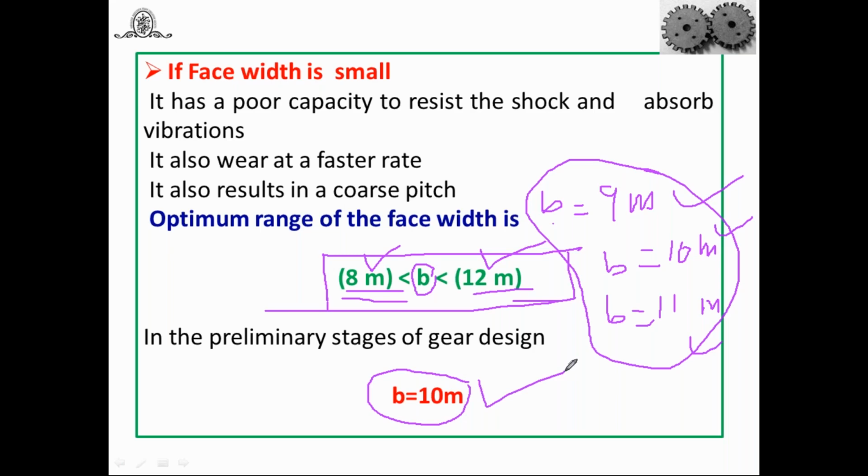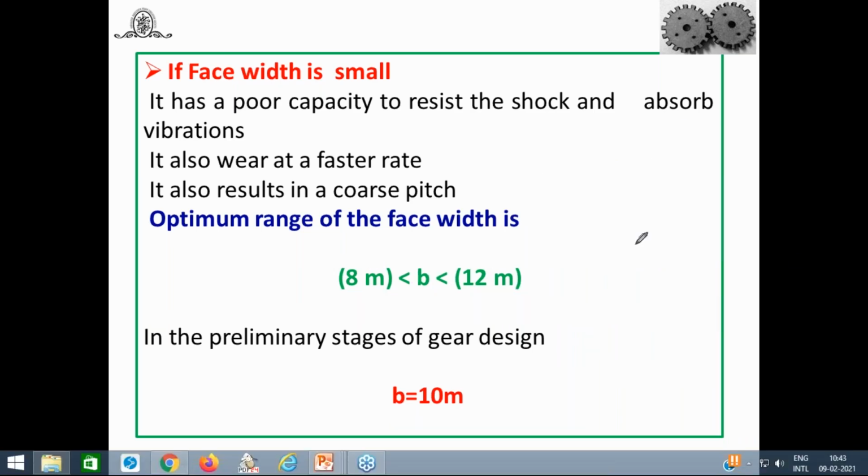You have to assume 10 module. Now a question arises. I have told you the optimum range of face width is greater than 8 times the module and less than 12 times the module. But in your mind, a question may arise: why not less than 8 m, and why not more than 12 m? Now I will discuss that with you.